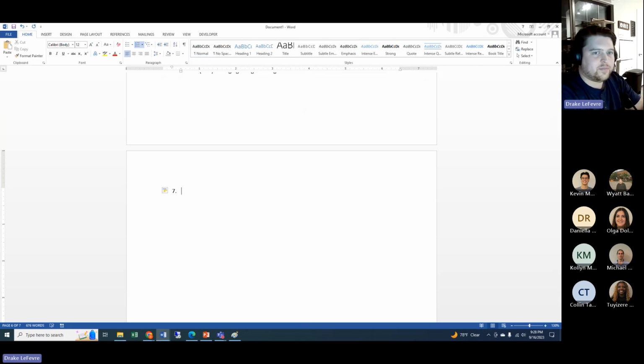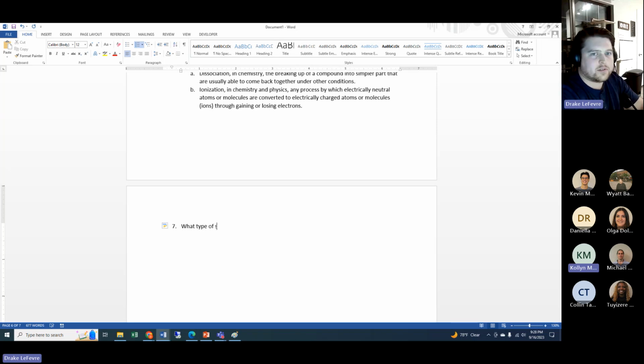Because when we talk about this, let me write down the question. What type of solutes can be dissolved or are insoluble in water? First things first, solutes versus solvent. I always got these mixed up.